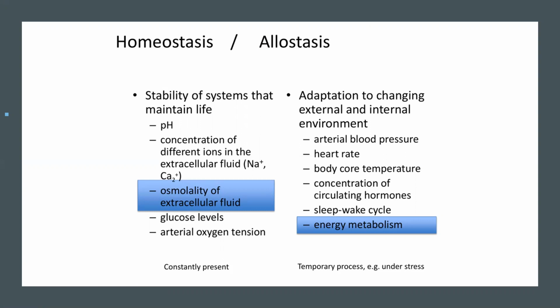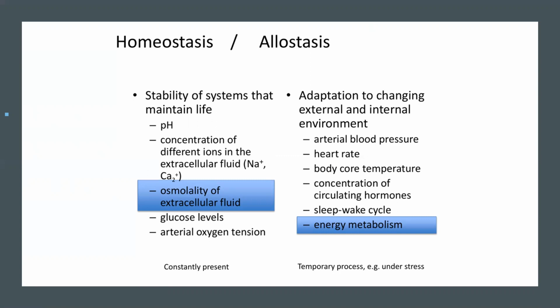Homeostasis is also about the concentration of different ions in the extracellular fluid. We know potassium, sodium, calcium all play a really important role in terms of not only cellular health, but also in different aspects of homeostasis within the body. We also look at glucose levels.